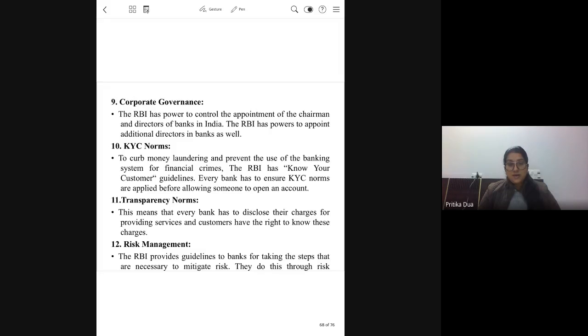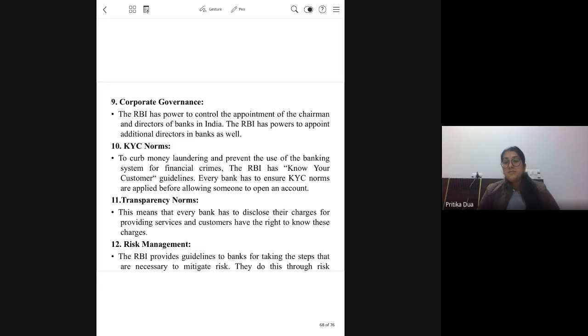Risk management: how should the funds of banks be managed so as to mitigate their risk? The Basel norms and the capital reserve asset ratio, which I think we'll be covering in detail later.